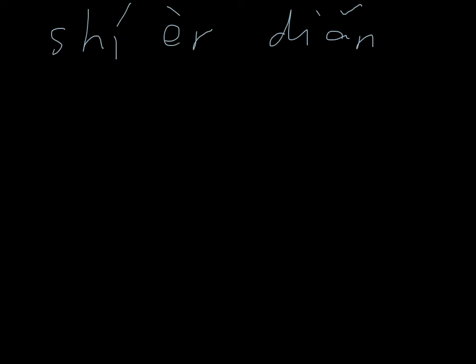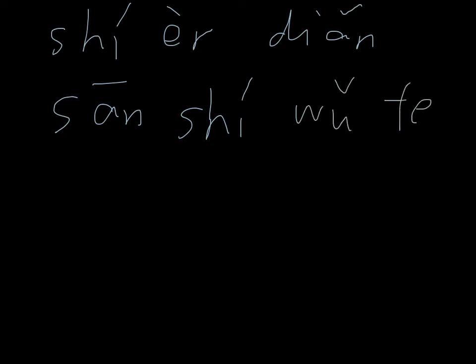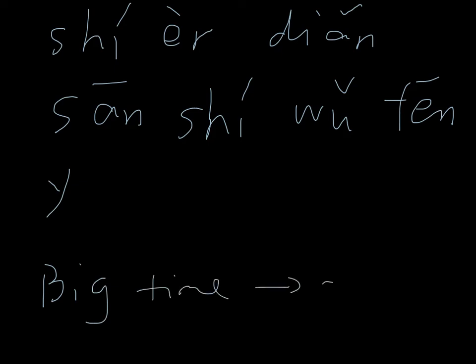If you want to say 35 minutes, 35 minutes is 35分. Simple as that. If you want to say 1:15, 1 o'clock first, so we have to say big time first and then small time.